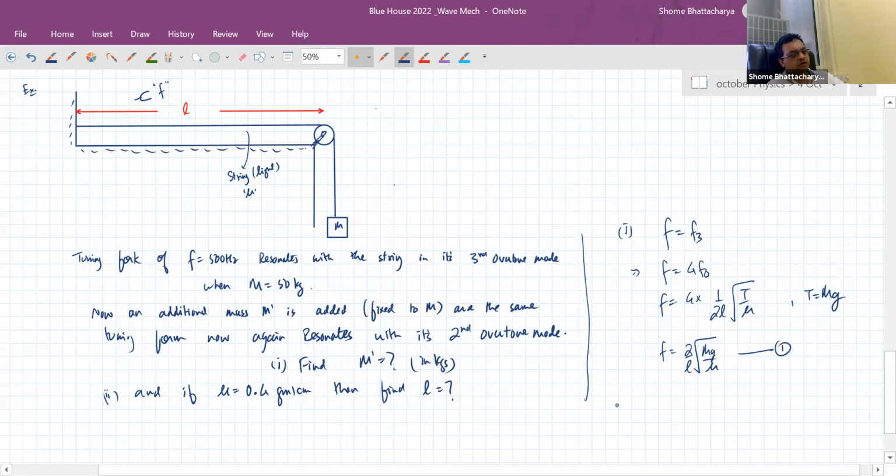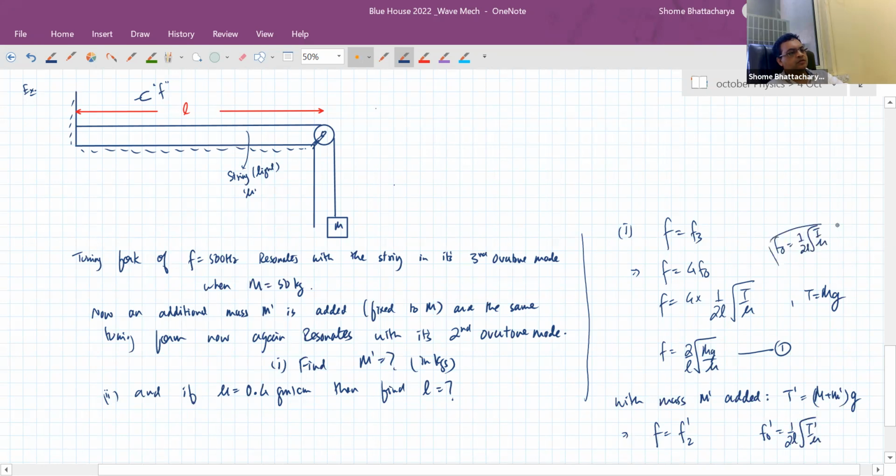That's one equation. Now with mass m prime added, the new tension T prime becomes (m plus m prime) g. So the same frequency now becomes the second overtone. But this is a different thing, because now the fundamental is this, whereas for the earlier one the fundamental was this.